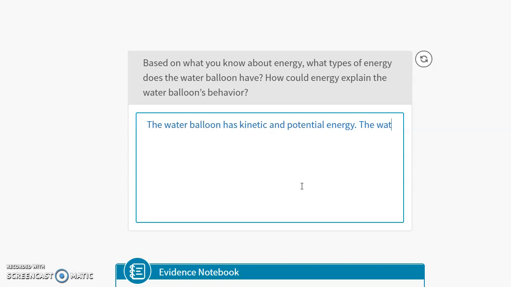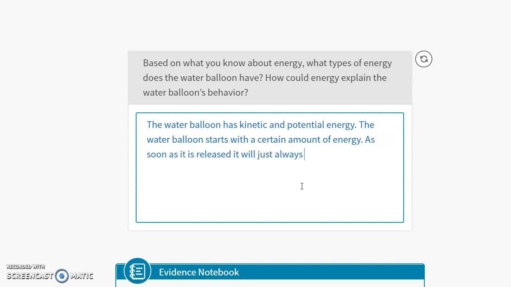The water balloon starts with a certain amount of energy. As soon as it is released, it will always keep losing its energy, which makes the swings smaller every time.